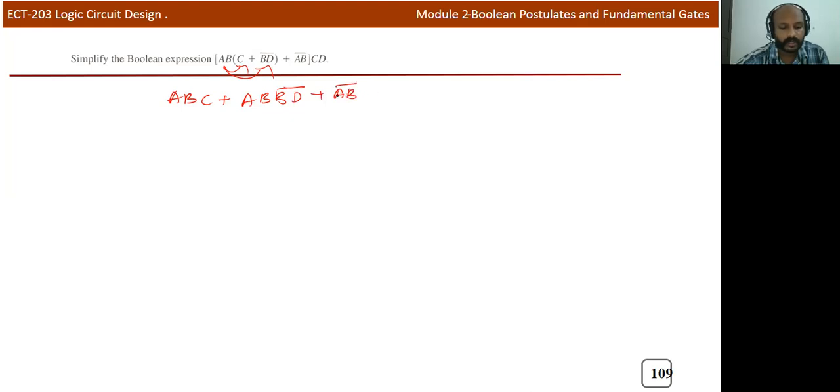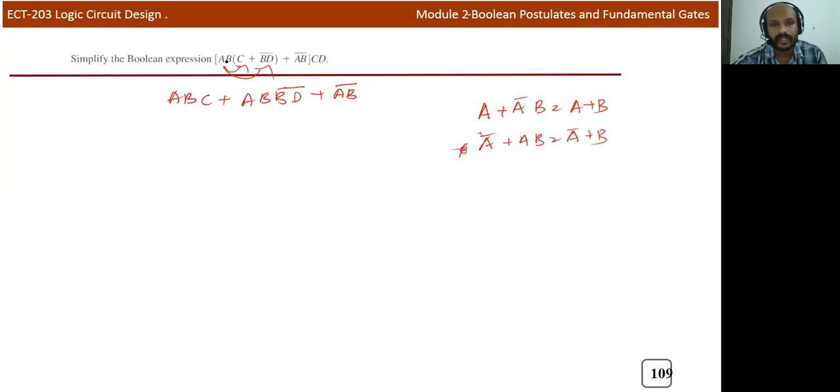Now, before applying this, I can simplify this directly. Okay, I'll check another thing. If there is a term like this, A plus A bar B, by the redundant literal rule you can simply write it as A plus B. Or if it is in this particular expression, and similarly, if it is A bar plus AB, you can write A bar plus B.